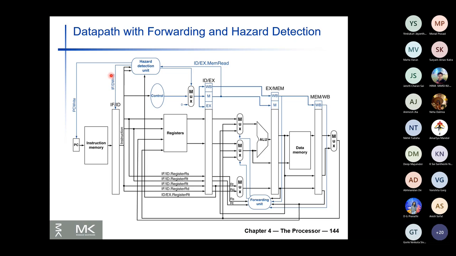So this is the hazard detection unit. As soon as the hazard is detected, that means when that Boolean condition is true, which we had just shown in the previous slide, this controls a multiplexer, and all these pipeline stages are frozen with 0, so that the successor instructions cannot proceed through the pipeline.